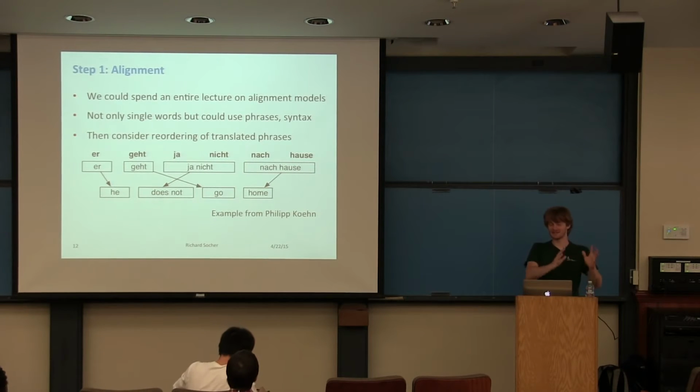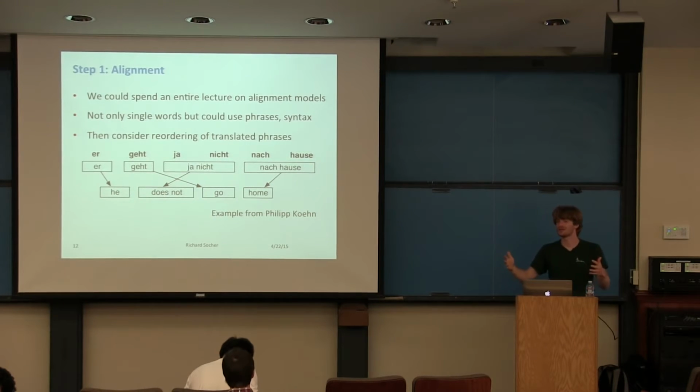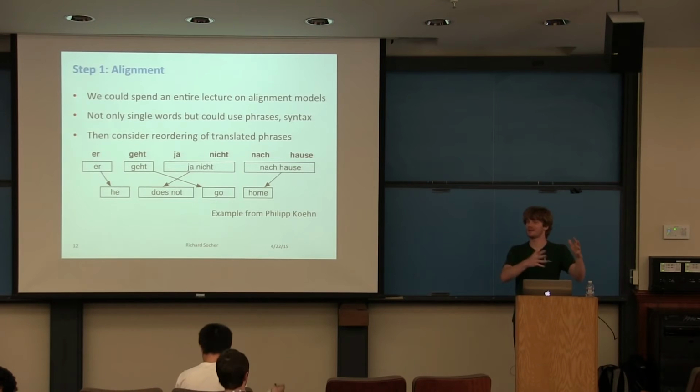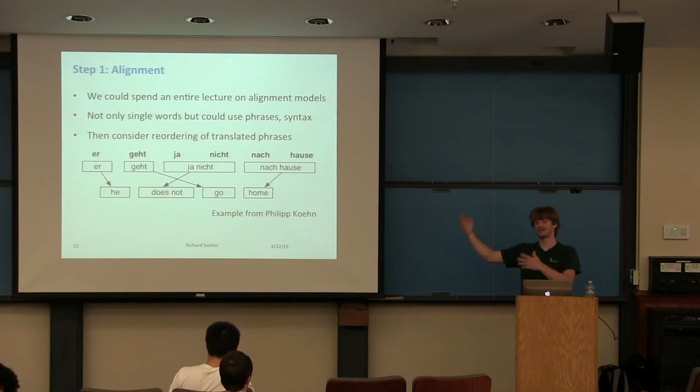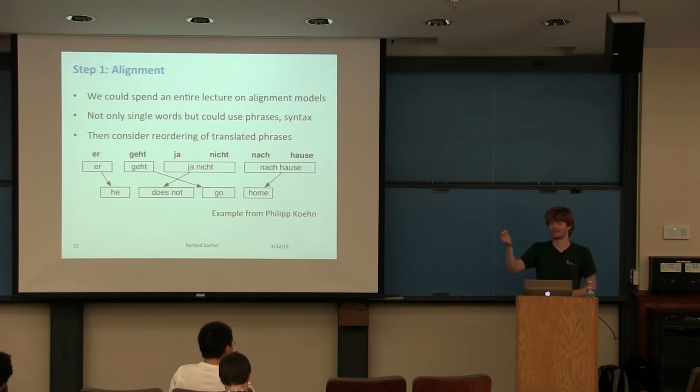So basically, let's assume we have a way, for each single word or phrase, to find potentially good phrases. That in itself is a huge problem, right? Because now you could look at phrases, you could look at the entire syntactic structure of the sentence. You may try to translate longer and longer phrases. If you see "to be or not to be," right, that's a longer phrase, and maybe you see "sein oder nicht sein" in German, and now you can translate that entire phrase instead of translating the single words.